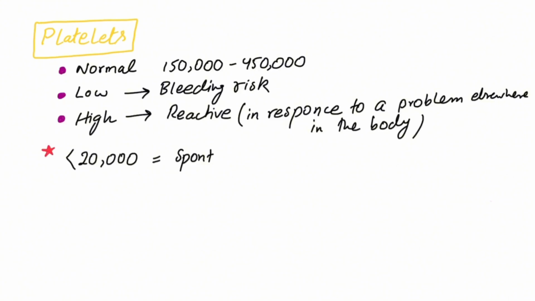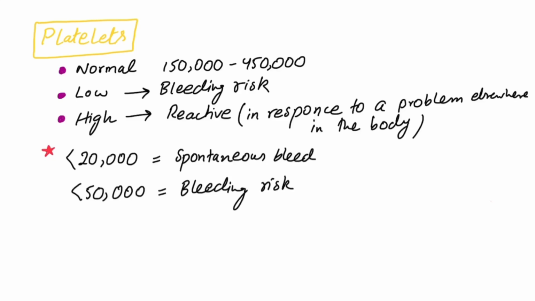About the bleeding risk, it's important to know that if it is less than 20,000, then it is a risk for spontaneous bleed. And if it is less than 50,000, then there is a high bleeding risk if we do any procedures.